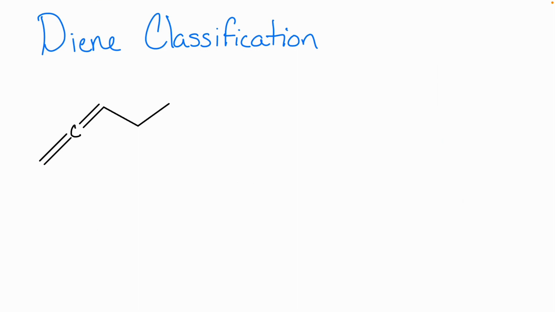This is what we would call a cumulated diene. Our double bonds are directly adjacent.